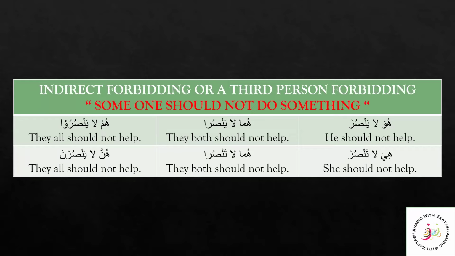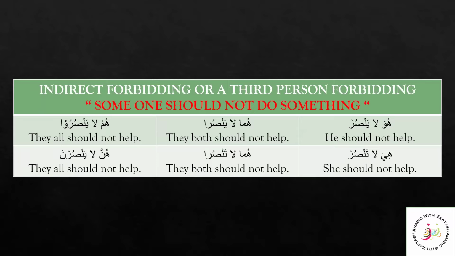Today we are going to learn about the indirect forbidding, or third person forbidding, that someone should not do something. We learned that it is not possible to directly forbid someone who is not present. We learned that there are 6 sigas that la nahya can be applied to: anta, antuma, antum, anti, antuma, antunna.